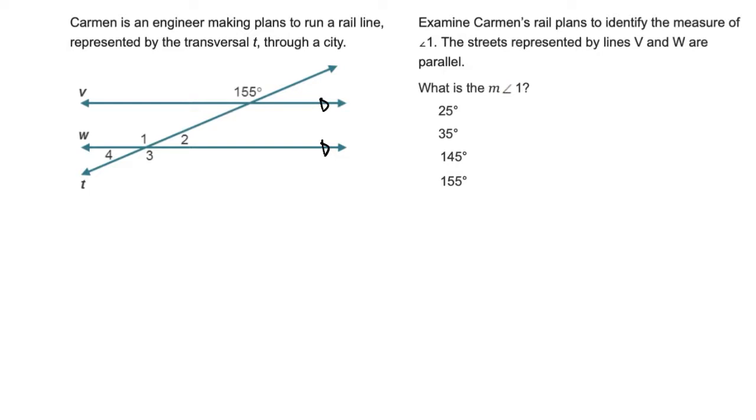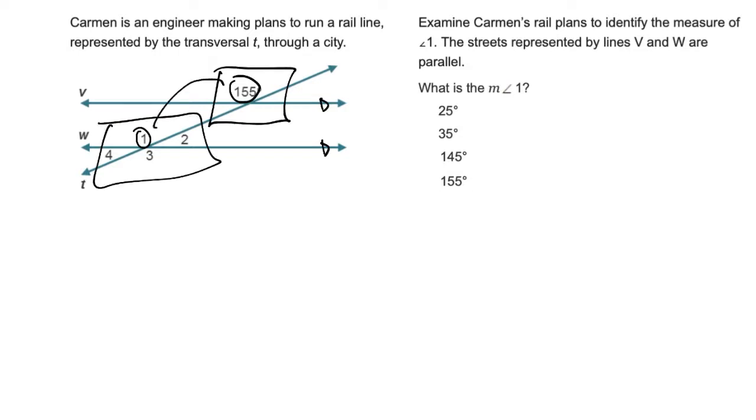Okay, well, angle 1 is right here. It's a corresponding piece. See how if I drew a box, 1 and 155 are the same position, just like 2 and this one are, or 3 and this one are, or 4 and this one are. So it's got to be 155. Which means, because 180 minus 155 is going to give us 25, right?